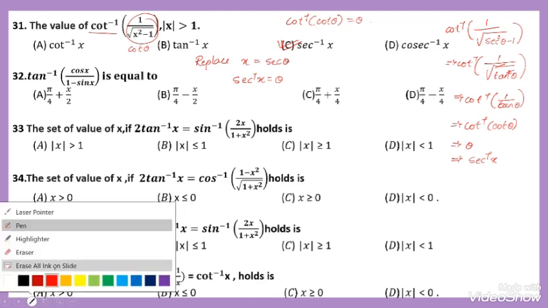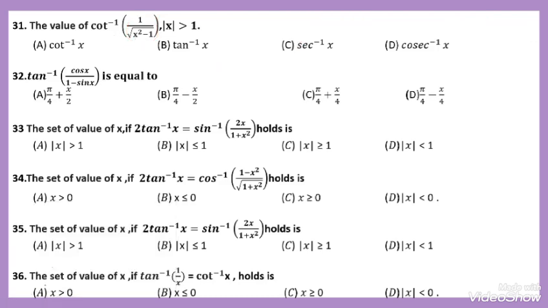Now, taking tan inverse of cos x divided by 1 minus sin x. Okay. Now, here this part can be written as tan theta. Make the cos x divided by 1 minus sin x in terms of tan function, by using some properties.